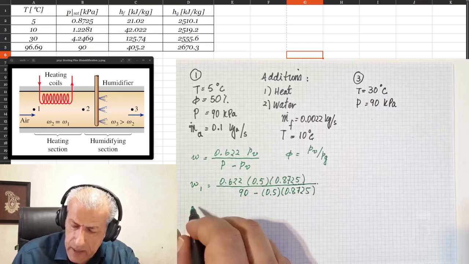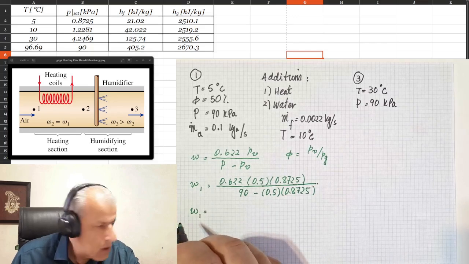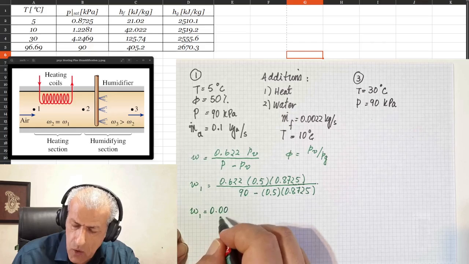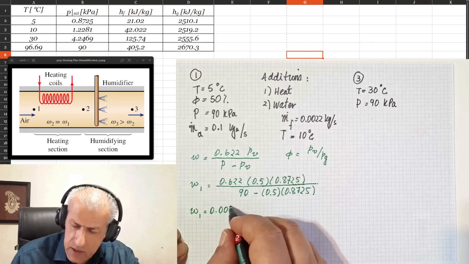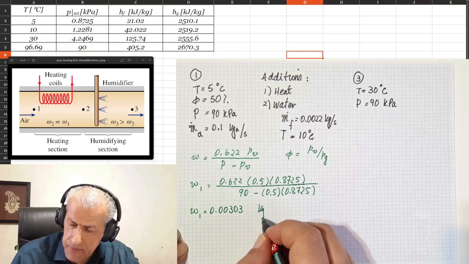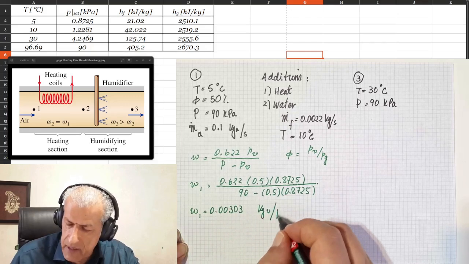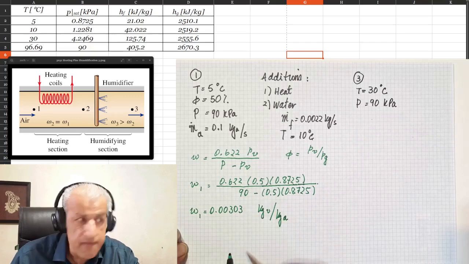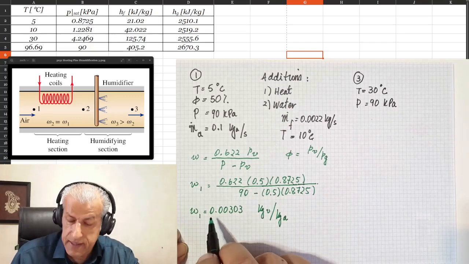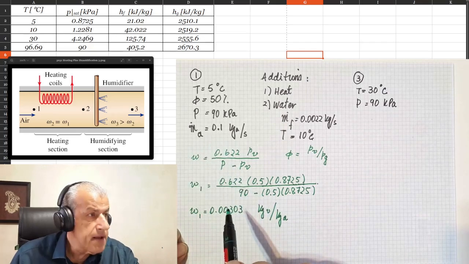Therefore W1 would be 0.00303 kilograms of vapor per kilogram of air. This is additional knowledge for point 1.